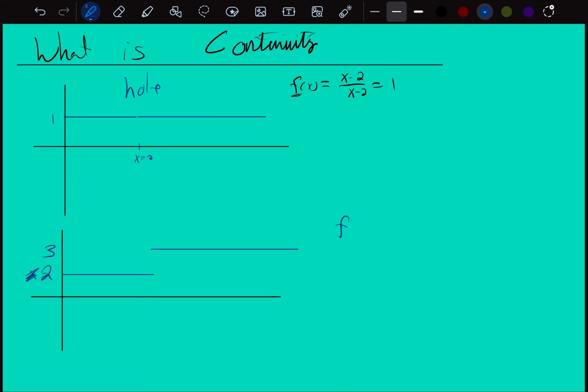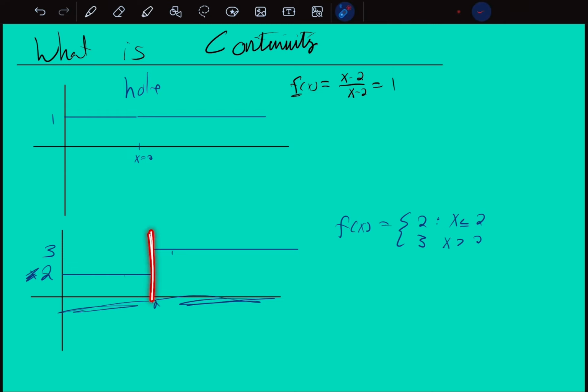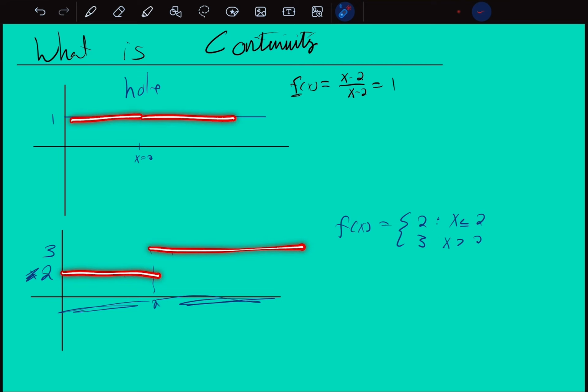So this function we defined piecewise is just 2 whenever x is less than or equal to 2, and 3 when x is greater than 2. Anywhere here, it's 3. Anywhere here, it's 2. But right here, there's this big jump. It doesn't look continuous. Is it connected? No. Is this connected? No.